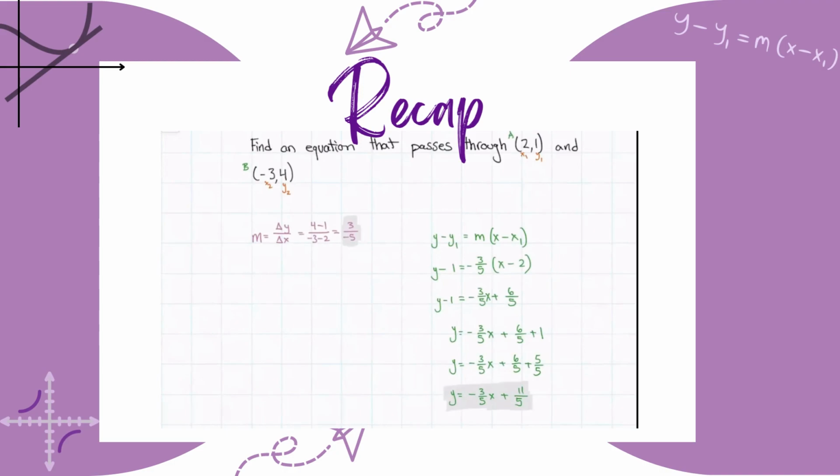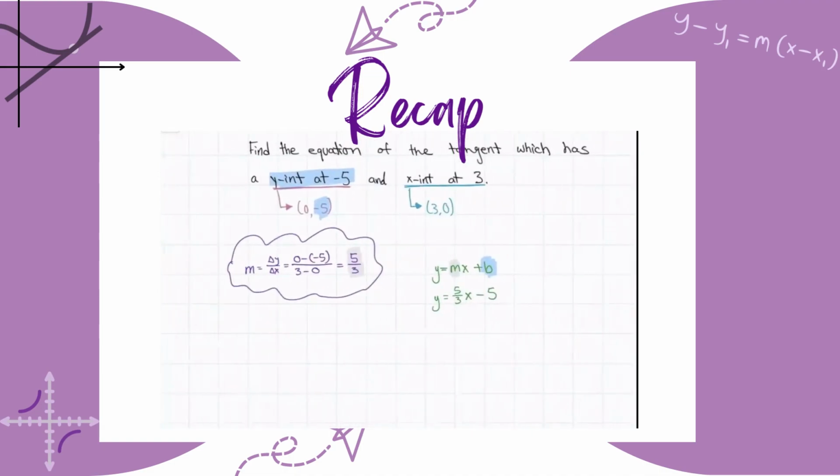We could have used either one of the points, it's up to us, but when we are picking the points, we want to choose the one that we think will make our life easier. So I would have avoided B just because there's a negative. Negatives make our lives a little bit more complicated, so that's why we would want to avoid B. With that said, we could have picked B as well.